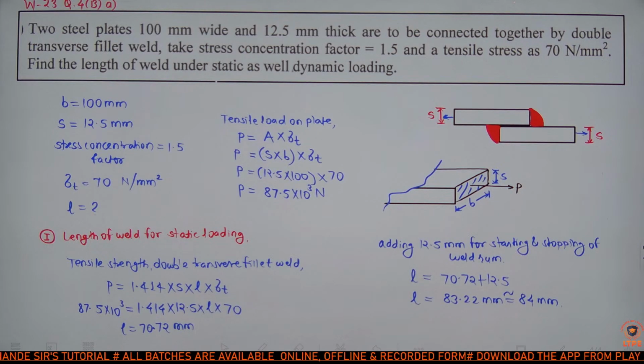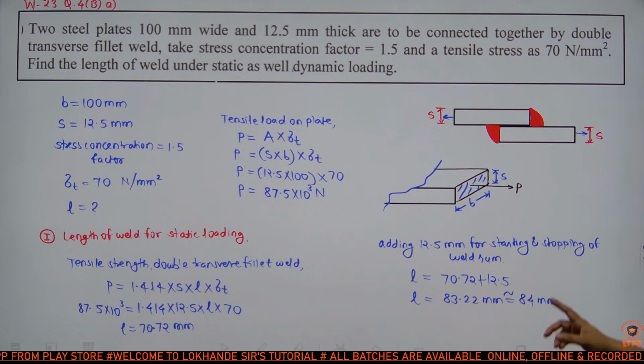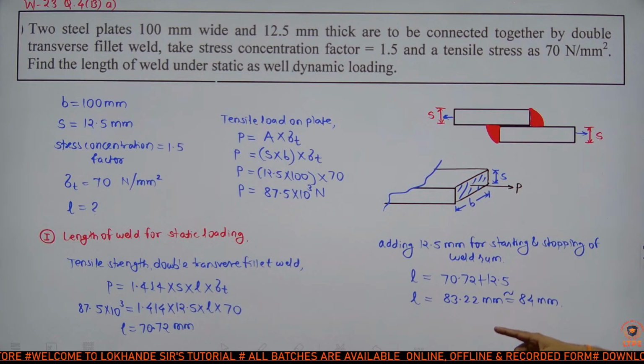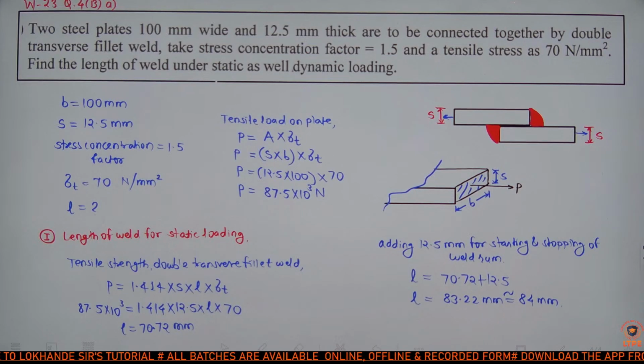First find the maximum tensile load, and the same load is the tensile strength of the joint. We have to assume the same load on the joint as on the plate. So P is 87.5 and tensile strength 87.5, same. For double transverse we designed 1.414, for single transverse 0.707. Already designed.